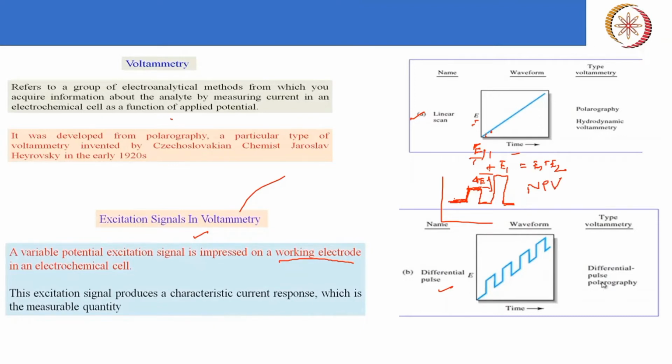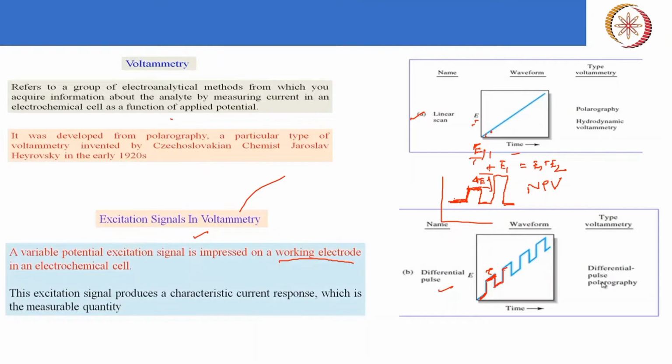But in differential pulse voltammetry, you apply the potential in a staircase, and at a particular time, suppose this is tau, you apply the pulse and then give relaxation for a short time.